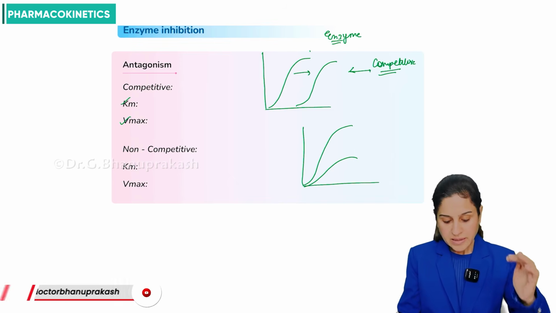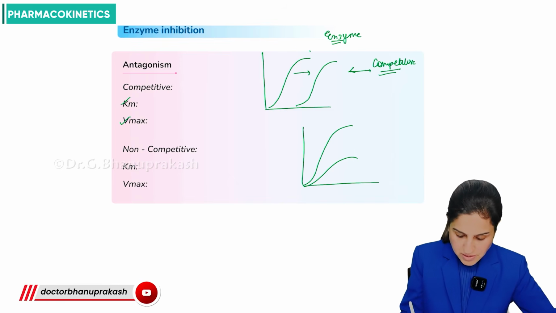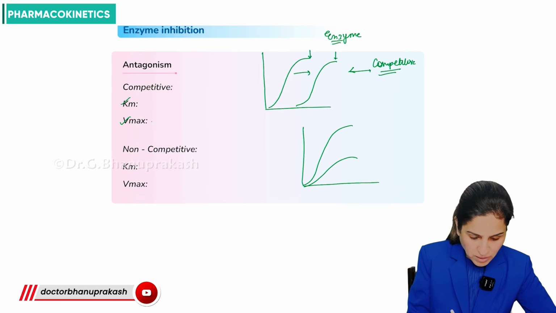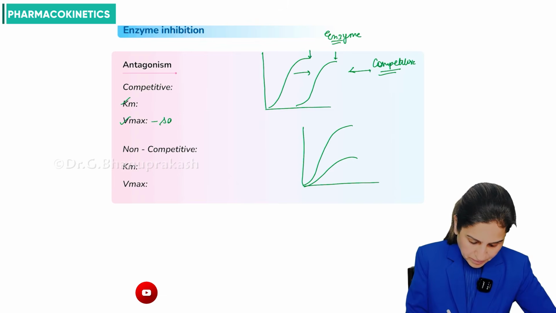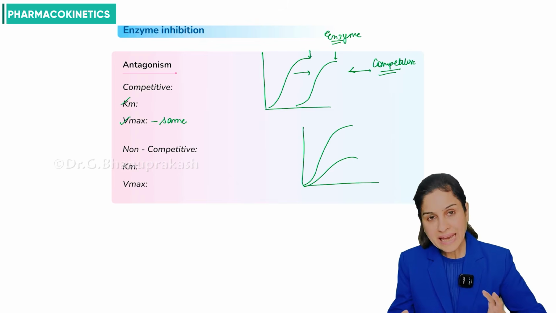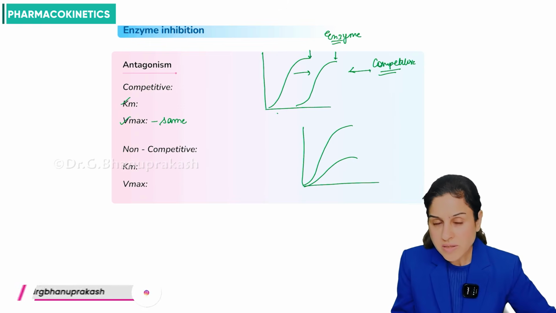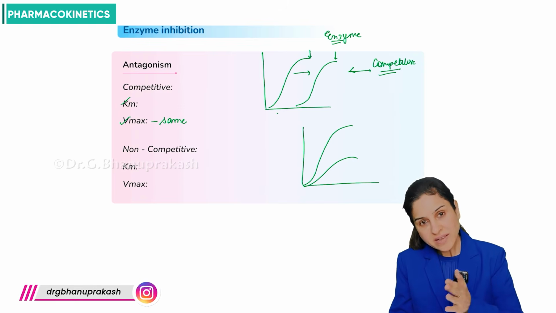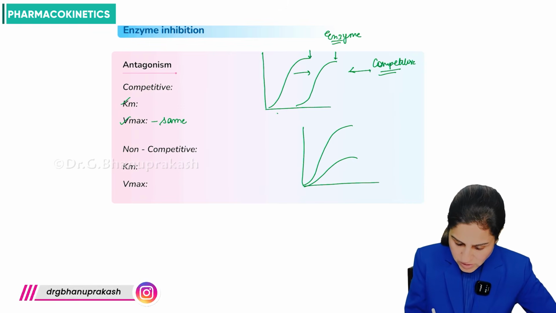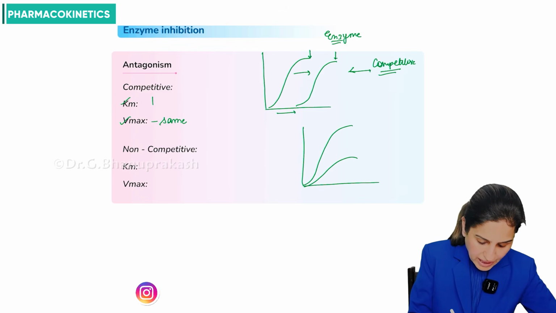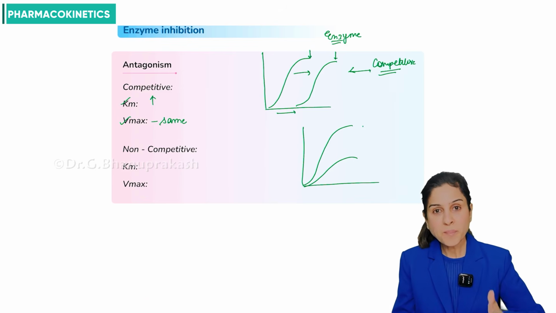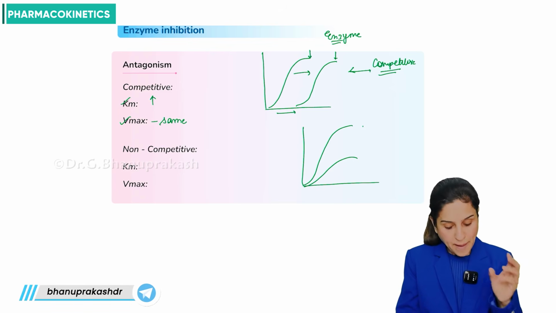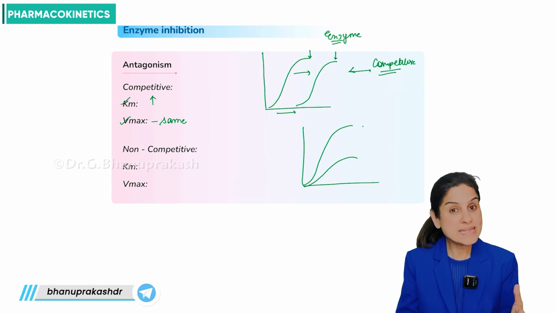Here the maximum velocity, Vmax, remains the same, while the Km, that is the substrate concentration required to achieve 50% or half of the Vmax, is going to increase because of the rightward shift. So in competitive inhibition of enzymes, the Km increases, but the Vmax remains the same, right?